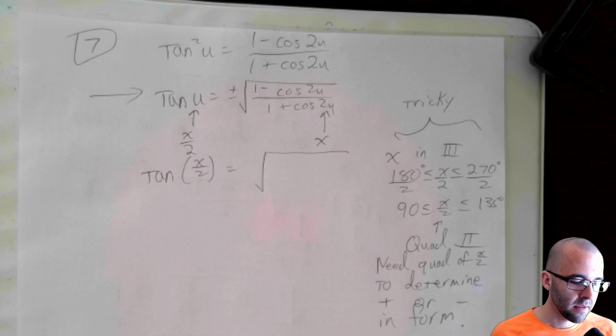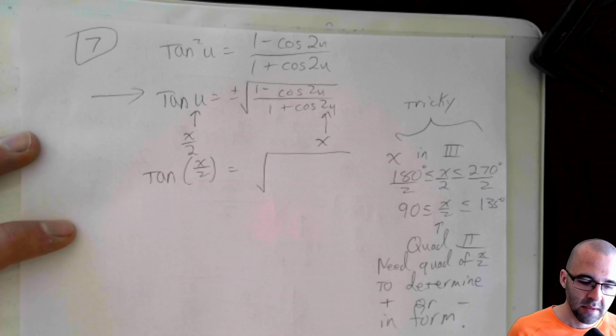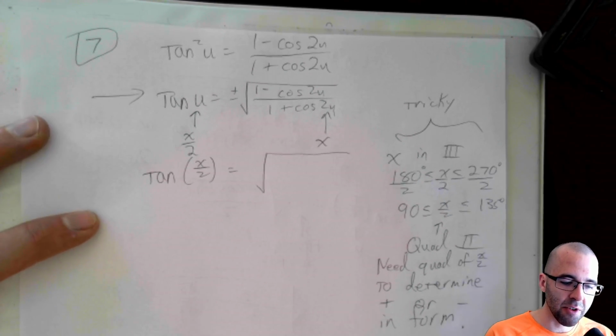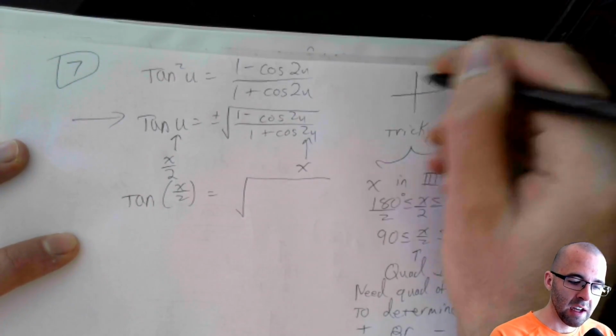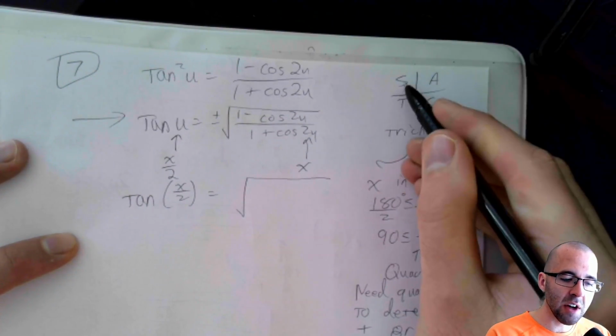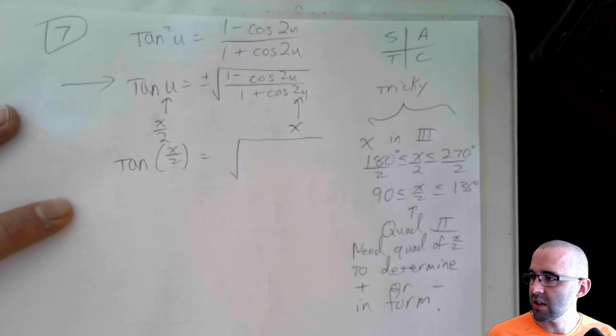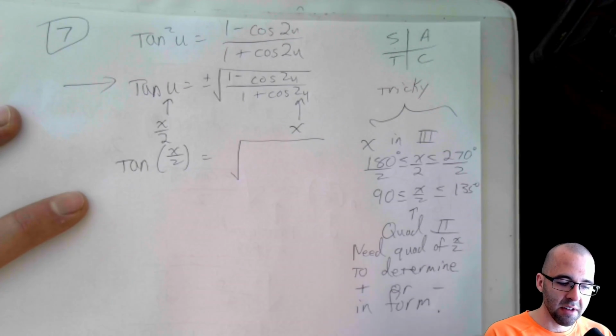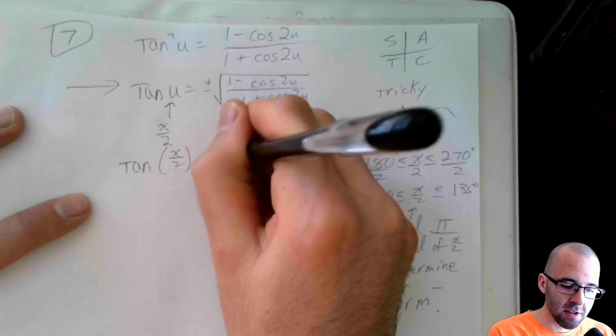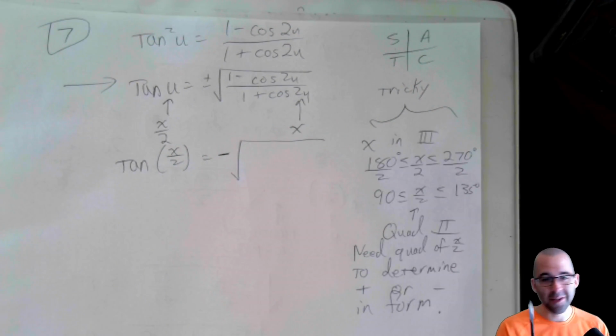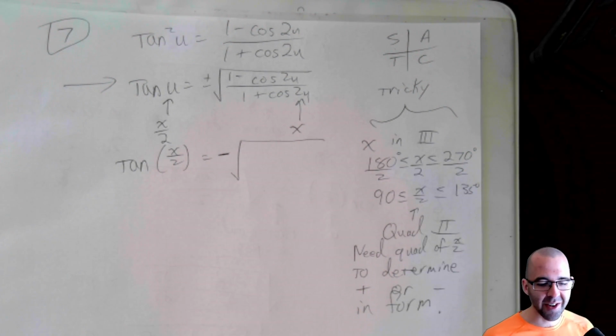Okay. So it's in the second quadrant. ASTC, second quadrant, only sine is positive in the second quadrant. So tangent is going to be negative. So you were correct in guessing negative, even if you didn't exactly know why.